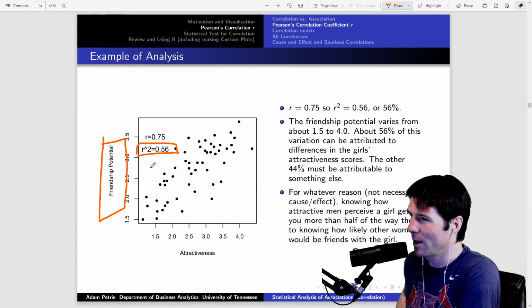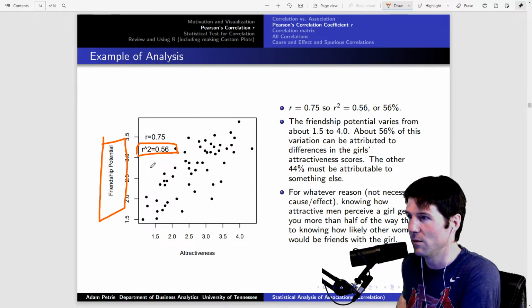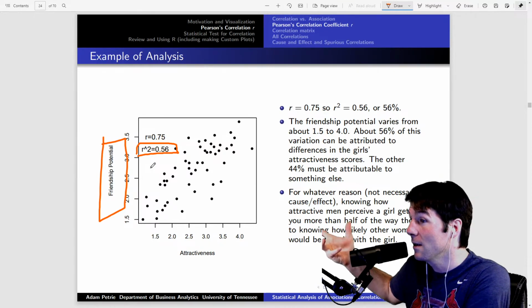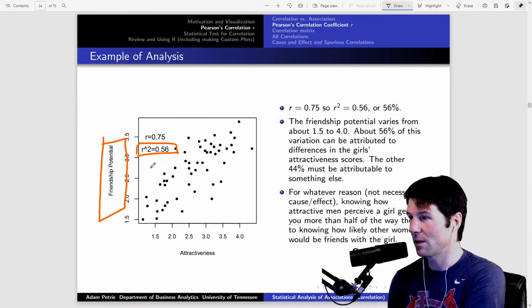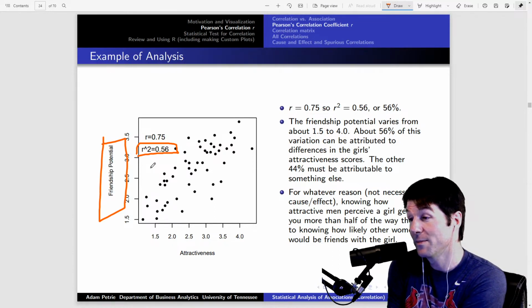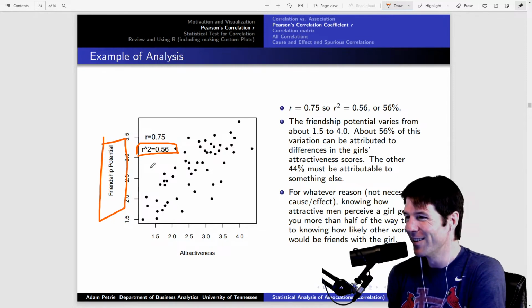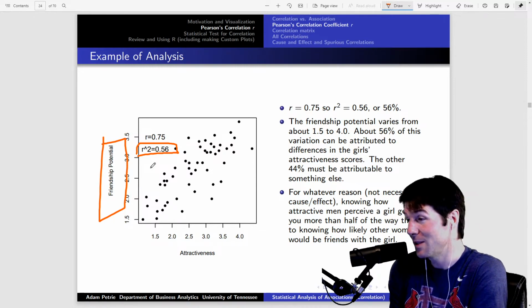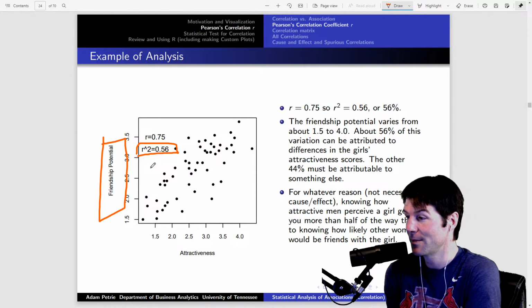As I go over why and why not I think this is practically significant: if you want to win friends, apparently being attractive, according to the data, is part of the way to get friends or to have higher friendship potential. Maybe it's not people you want to be friends with, but this is sociology data.